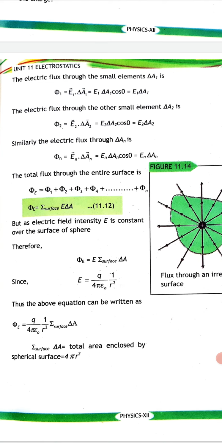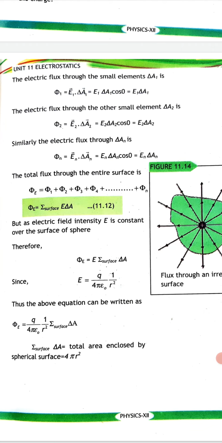So, just plugging this equation into the equation of electric flux through the closed surface, we have Q by 4 pi epsilon naught times 1 over r square into sigma of delta A.